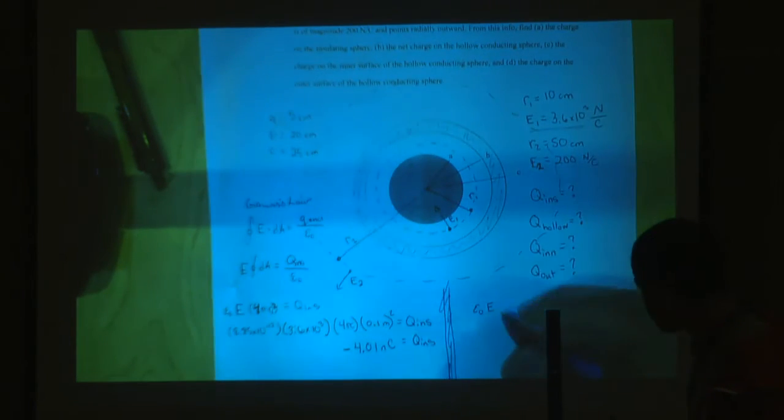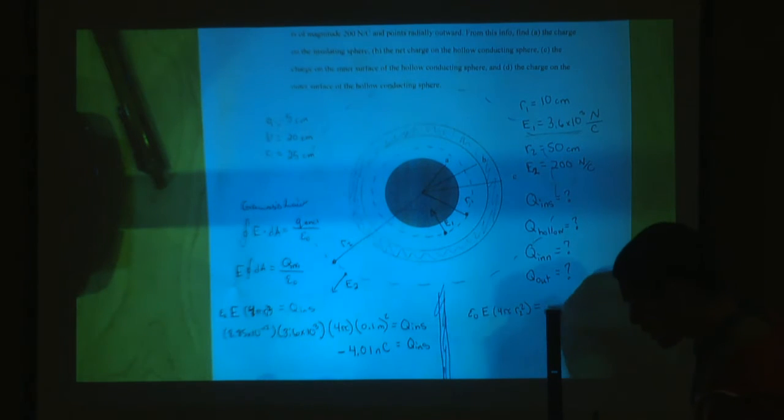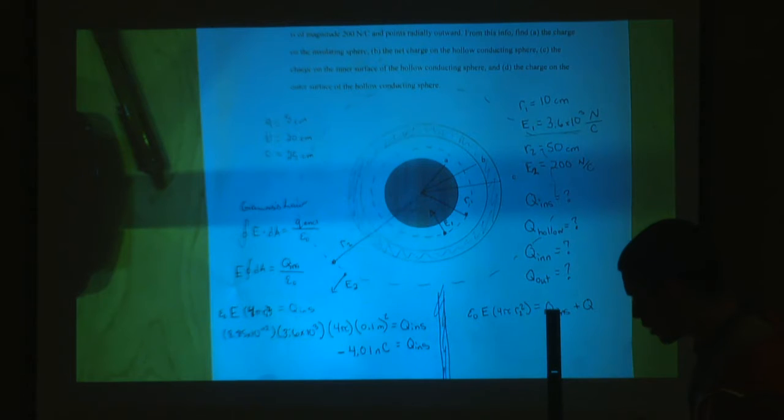We'll see our Q enclosed, so epsilon naught times electric field times the surface area is equal to Q enclosed, but Q enclosed is now different. Q enclosed is the charge on the insulative sphere plus the charge on the hollow sphere.